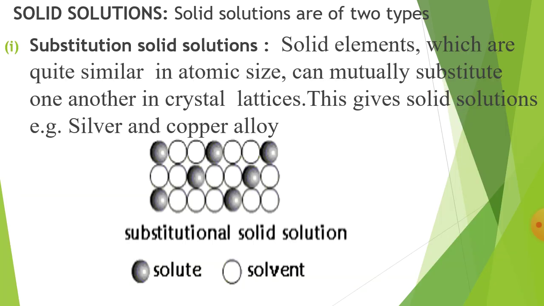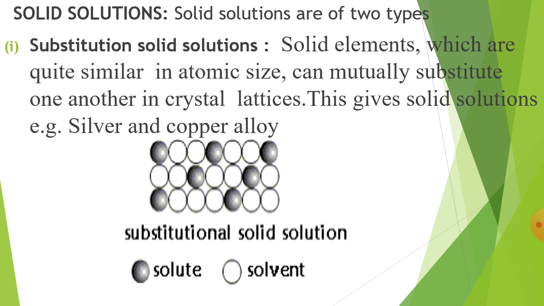Next, solid solutions are also of two types. One, substitutional solid solution. It is an example of alloys.